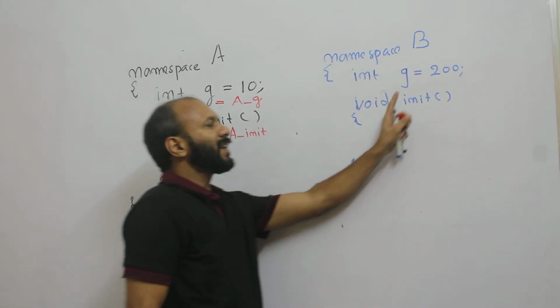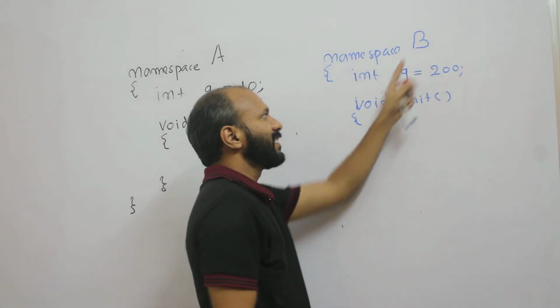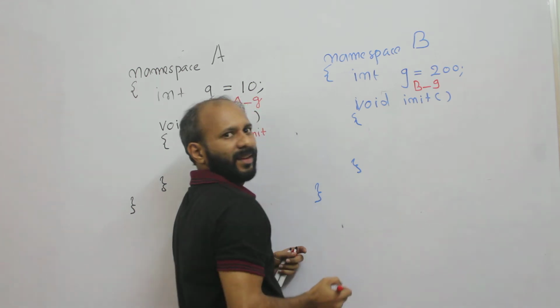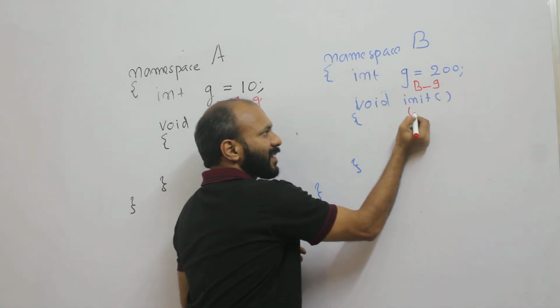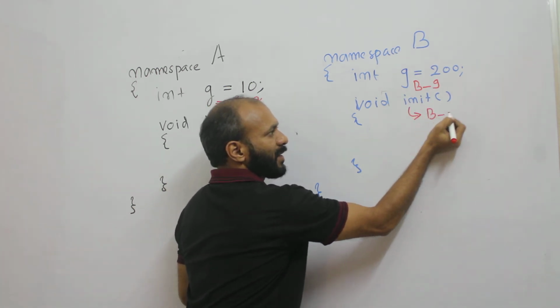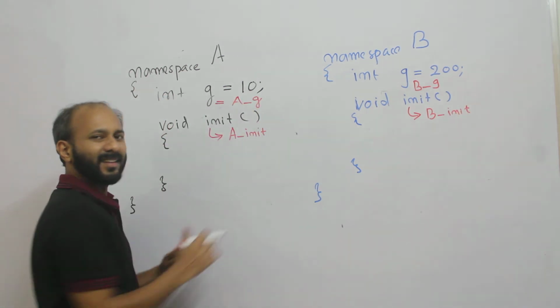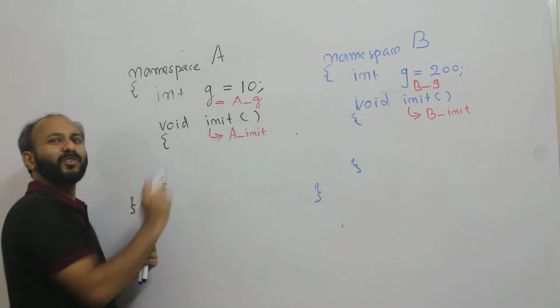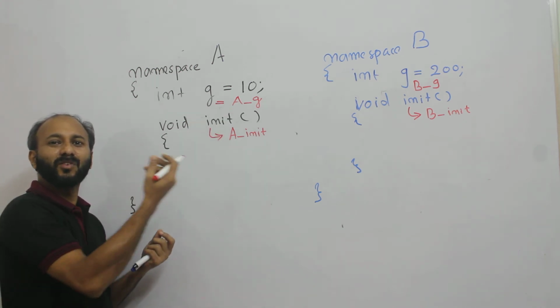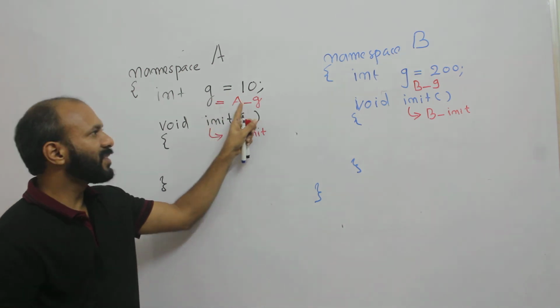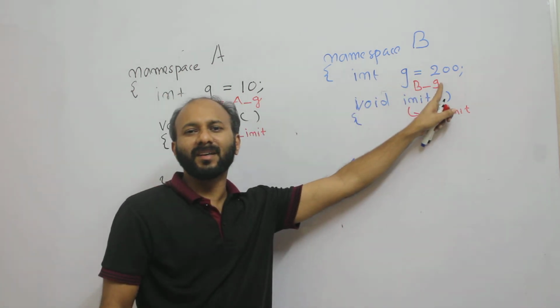Here the compiler is internally considering this name as B underscore g, and this name as B underscore init. Now when I integrate these two modules, there is no confusion, no name collision at all. This variable name is A underscore g and this variable name is B underscore g.